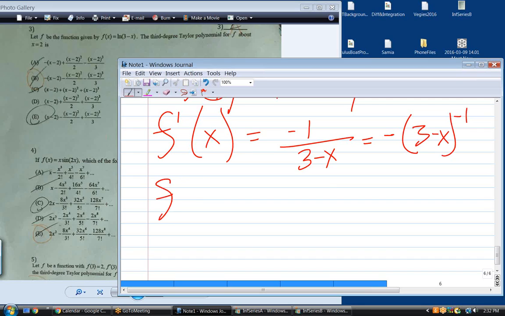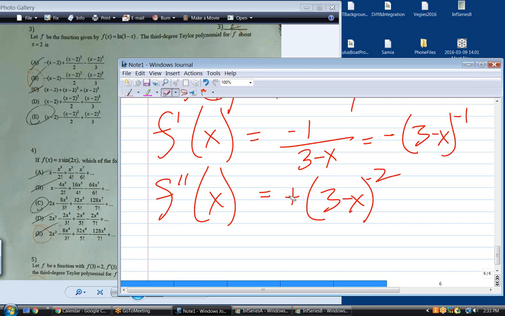So what's the second derivative? Start with the exponent, multiply it by the coefficient. So that becomes plus 3 minus x to the negative 2, times the inside, make it a negative.